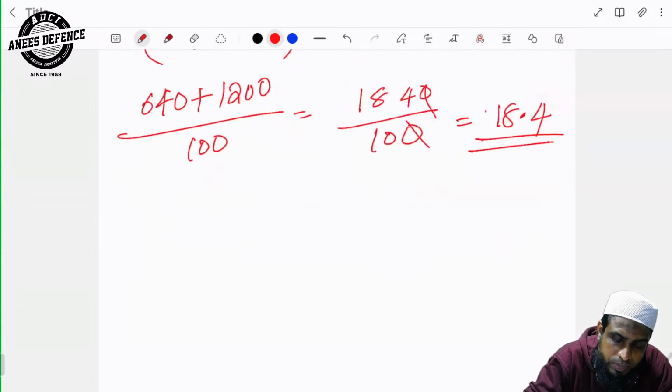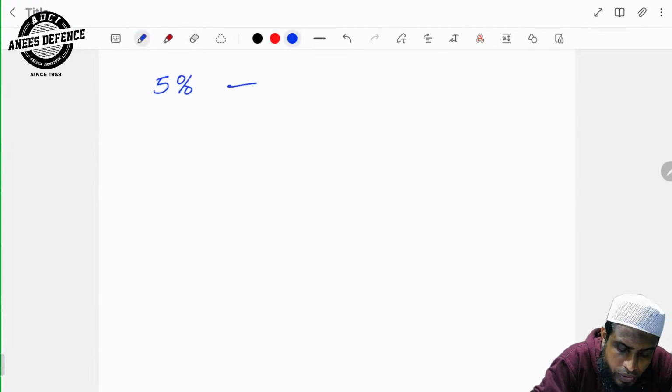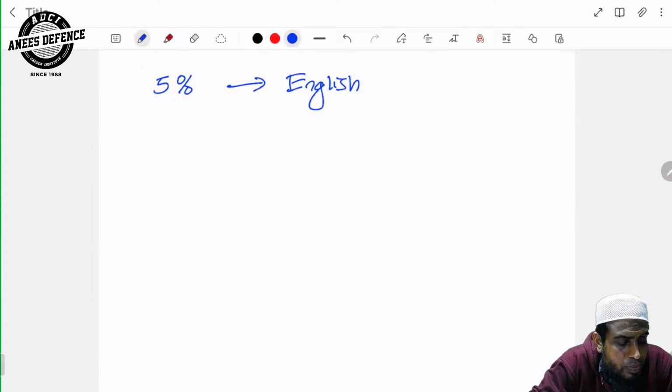Then we will see one question. In a French library, 5% of books are in English. 10% of the remaining books are in Hindi.